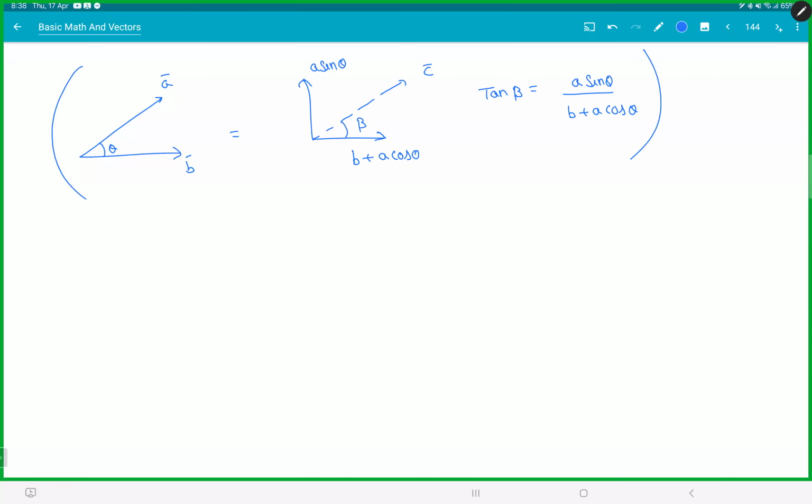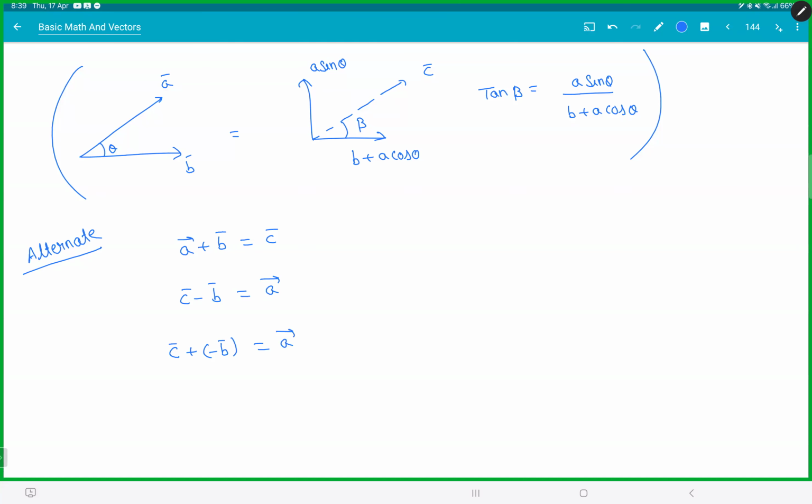But there is another better way. We know a bar plus b bar is c bar. You want to find the angle between b and c. So keep a on one side: c bar minus b bar is equal to a bar. Can I say like this? So I write c bar plus minus b bar is equal to a bar.